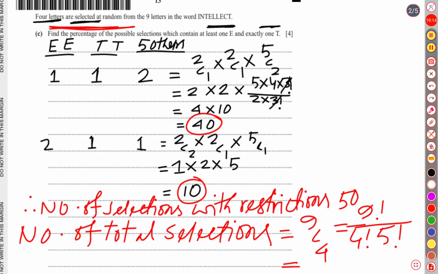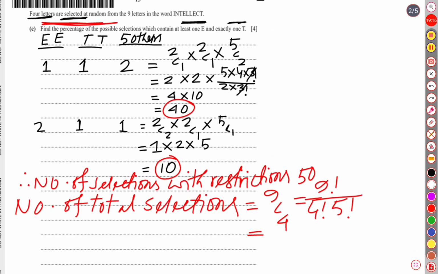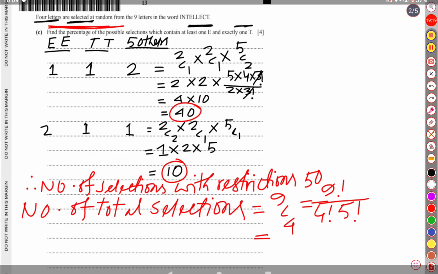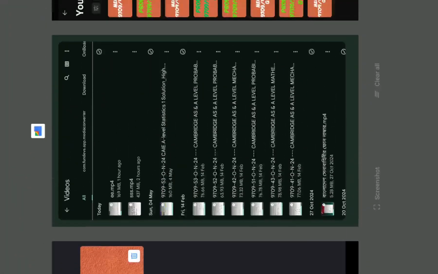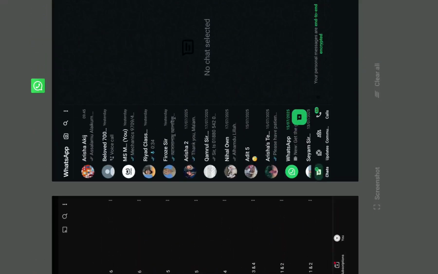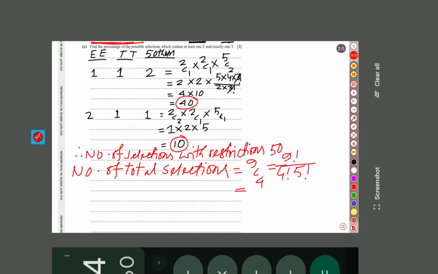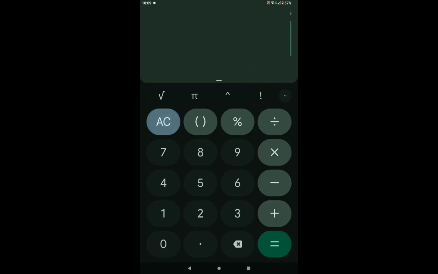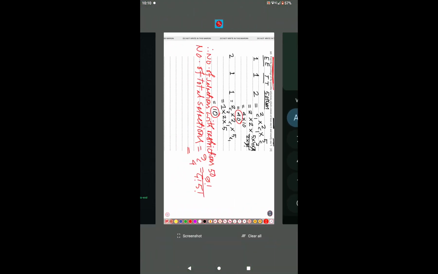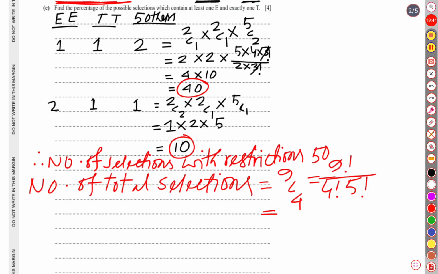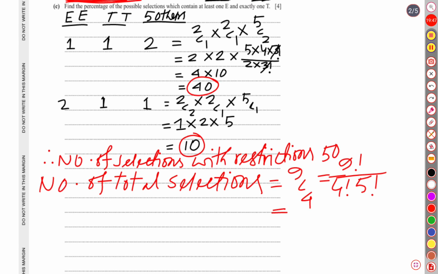Let us use our calculator. So 9 letters, 9 factorial over 4 factorial into 5 factorial. The total number of selections without restriction is 126.